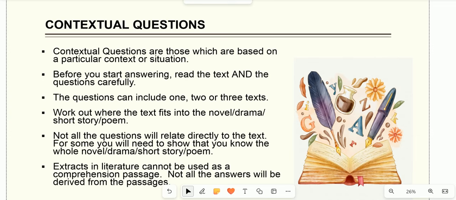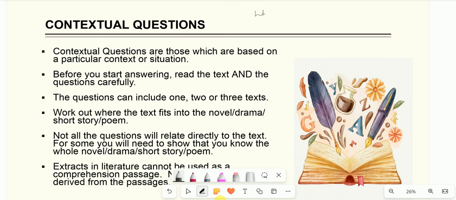But this is what I want you to do tomorrow. When you get your extract, or your passage for short stories, don't be in a hurry to answer questions. What you need to do when you get an extract is answer these 3 questions.